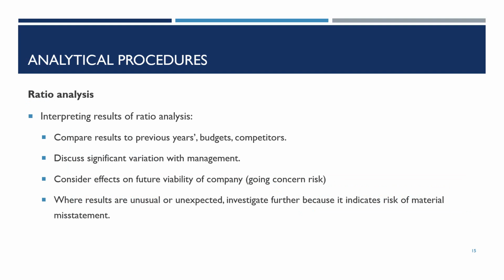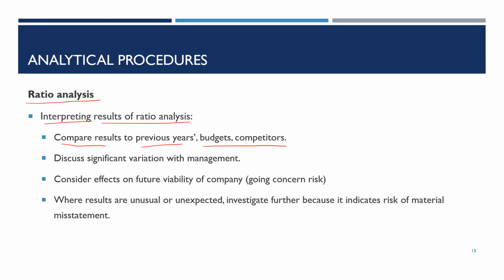Now for the interpretation of the results of ratio analysis. In general, firstly, the ratios are calculated and then the auditor compares the results with the previous year, budget and competitors.